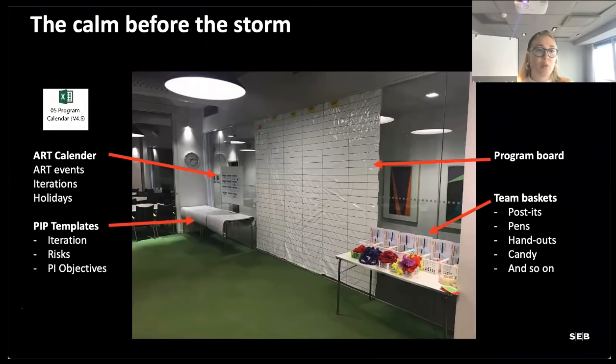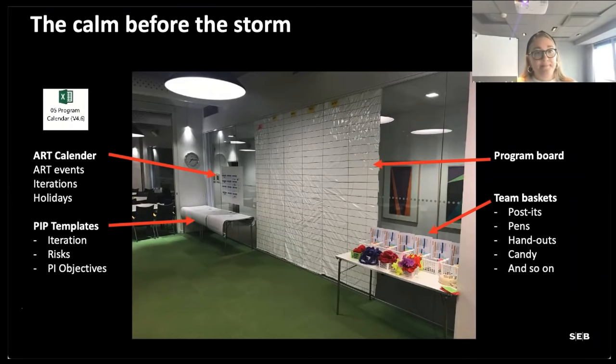It helps you focus more on the content and the discussions around the outcome that we want from the different items that we're planning.